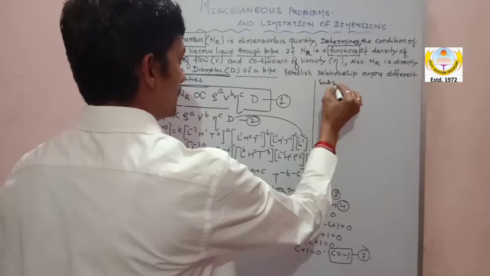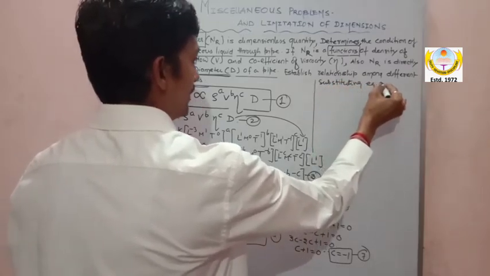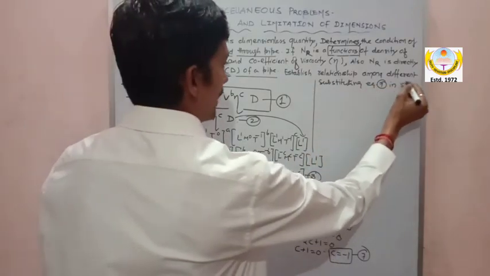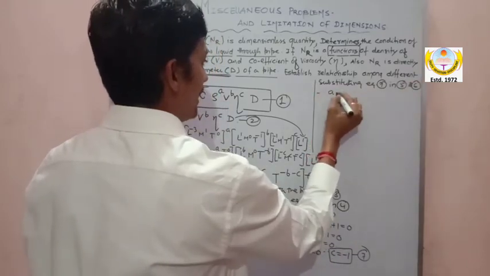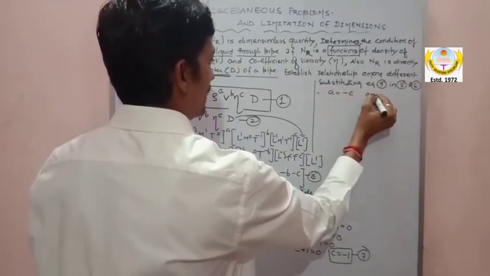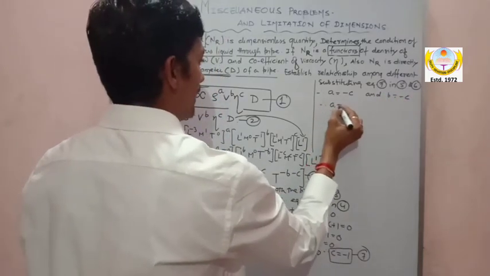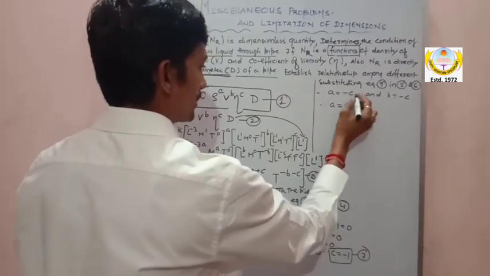Substituting equation 7 in 5 and 6. So my dear, substituting A is equal to minus C and B is also equal to minus C. Therefore A is equal to minus C, so this will be minus and minus 1 because C is minus 1.